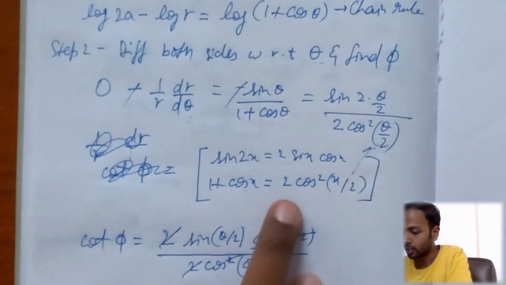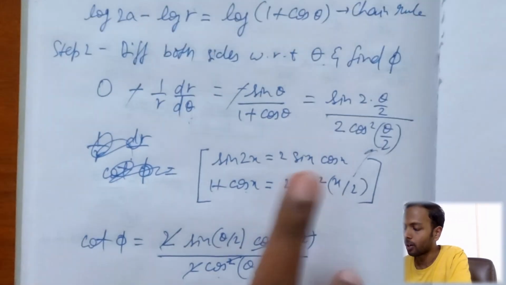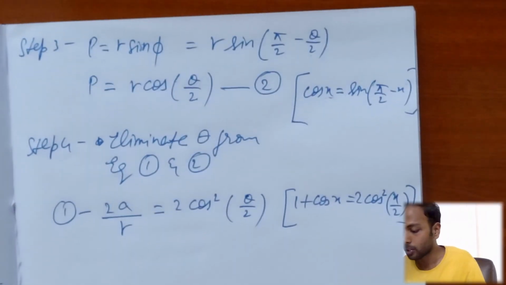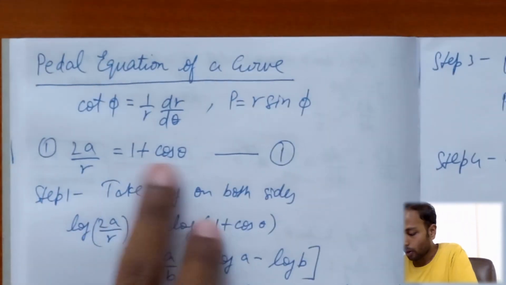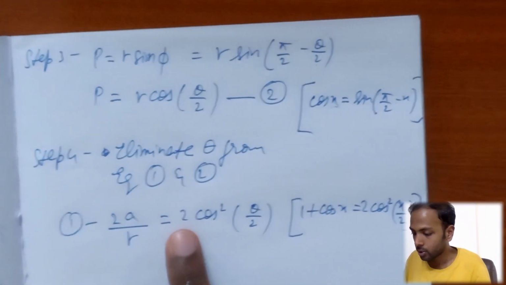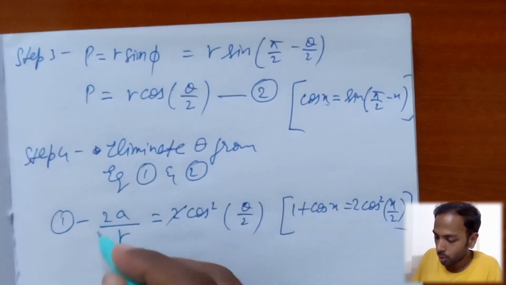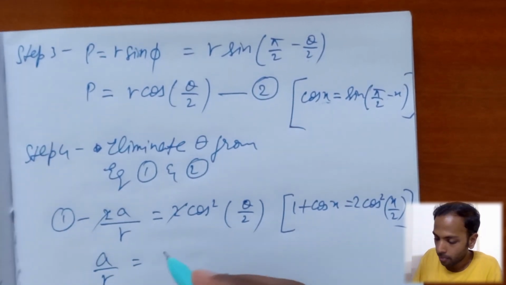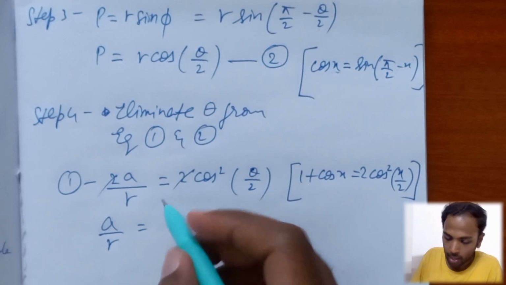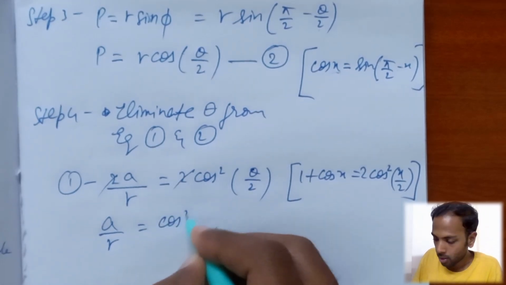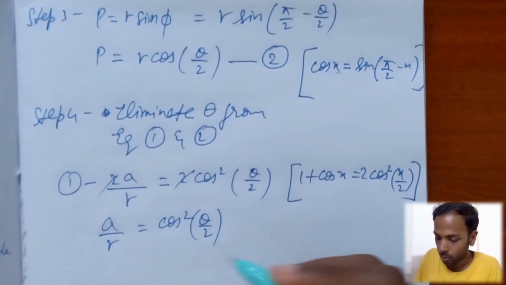Direct formula. We already applied that formula in step 2. I'm just using the same formula here. So 1 plus cos theta will turn into 2 cos square theta by 2. From here, 2 and 2 will cancel. So a by r will be cos square theta by 2.